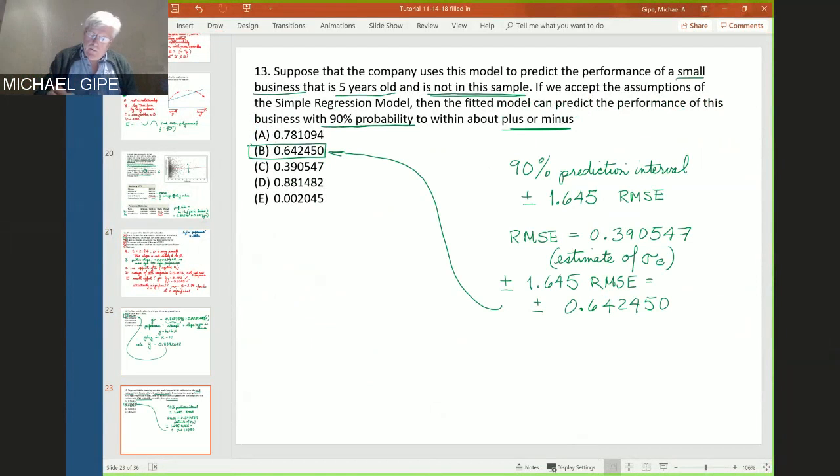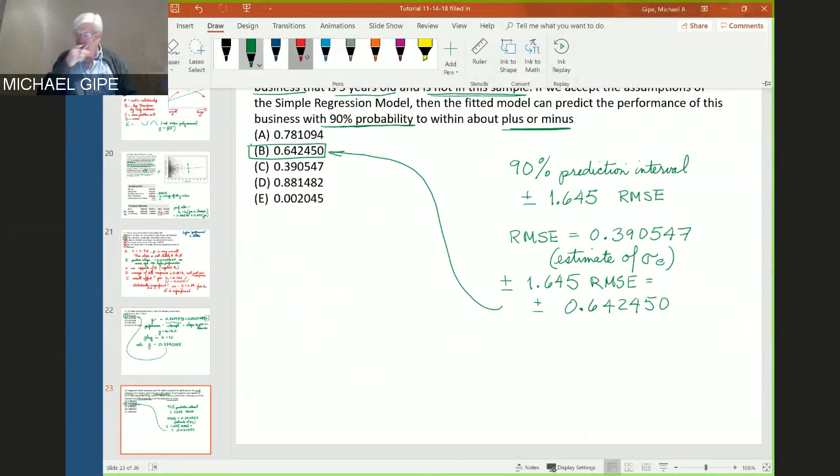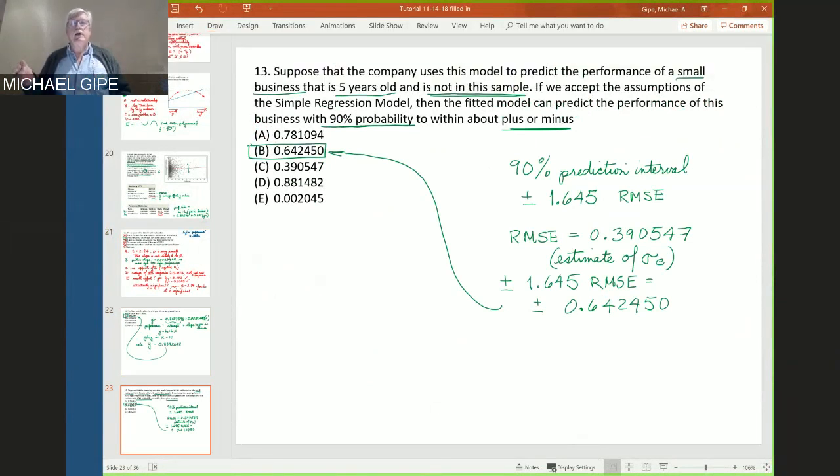What are these others? Typically you can expect the wrong answers to be some kind of confusers. They're based on something that looks like a real number, but it isn't. 0.78104, that is plus or minus 2 RMSE. And that's not correct because that would be a 95% prediction interval. How about C?